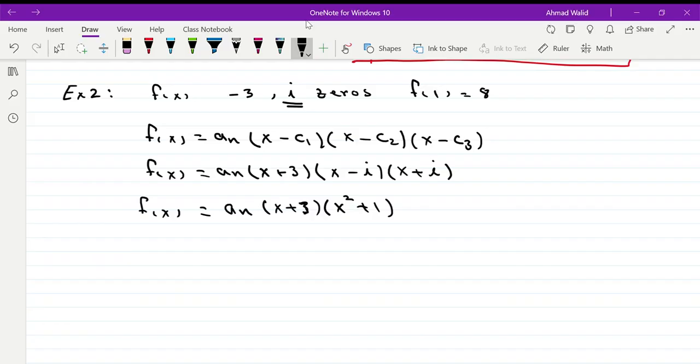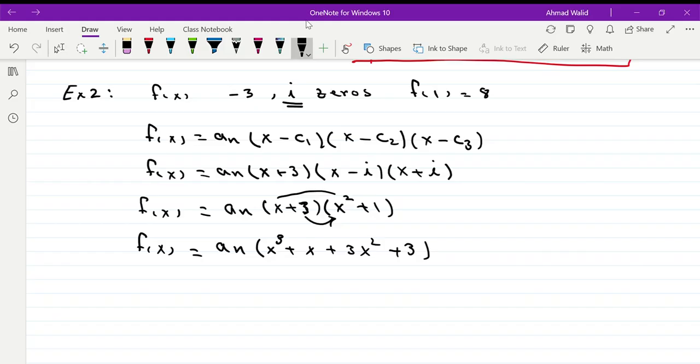Now multiply these two parentheses. You can say f of x equals a sub n, distribute: x times x squared gives you x cubed, sorry, not x squared, and x times 1 gives you x, 3 times x squared gives you 3x squared, and 3 times 1 gives you 3.